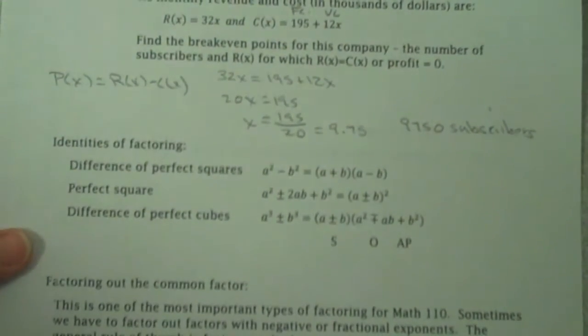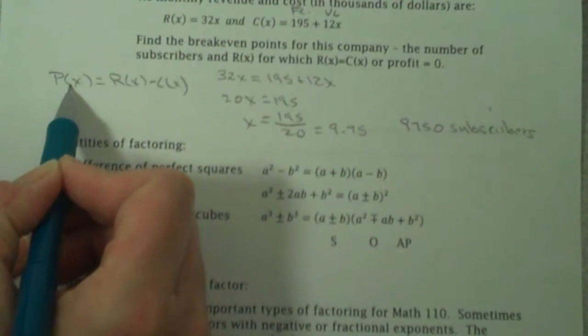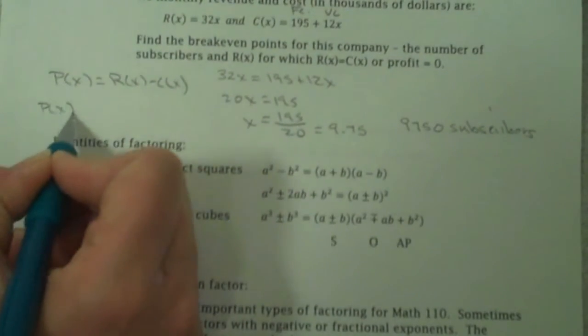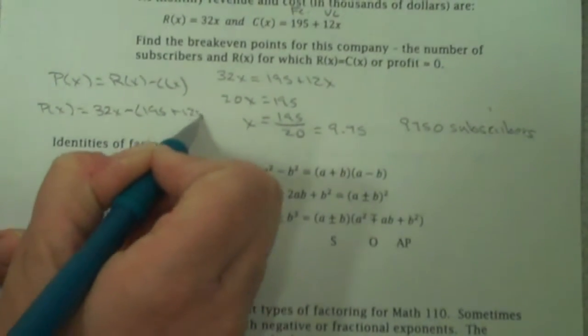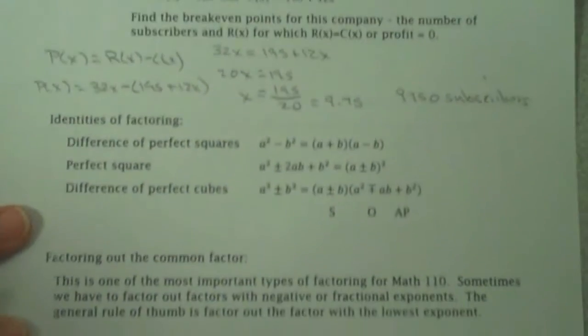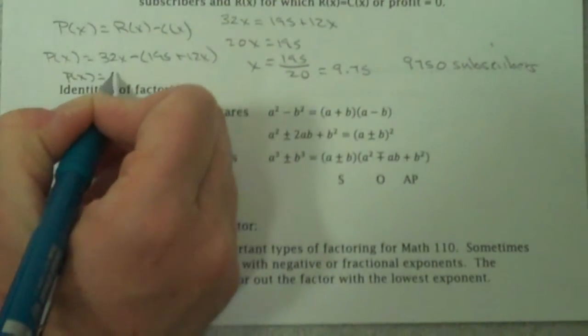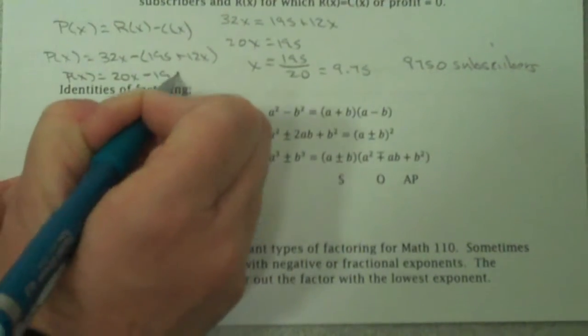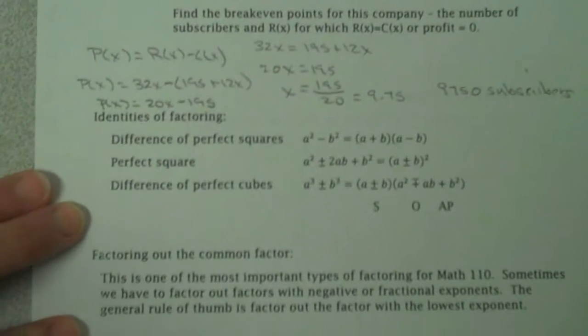So if we had taken these two functions and turned them into a profit function by subtracting them, we could then think of setting profit equal to 0, because our profit function would be 20x minus 195. So the 0 of our profit function would be the same as setting revenue equal to cost, and we get the same answer.